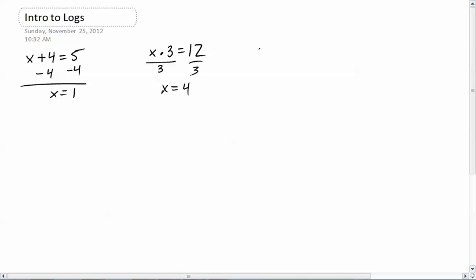Let's go a step further and make it a little bit more interesting. You have x to the third power equals 27. How do you solve for that? Well, it's not multiplication, so you can't divide. It's the power. So how do you get rid of a power? The 3, which is the power, is the thing you need to get rid of.